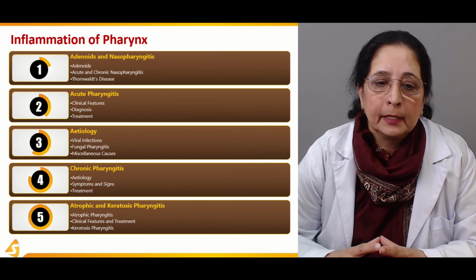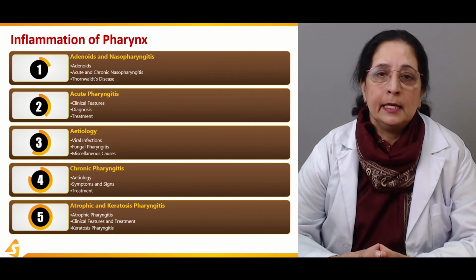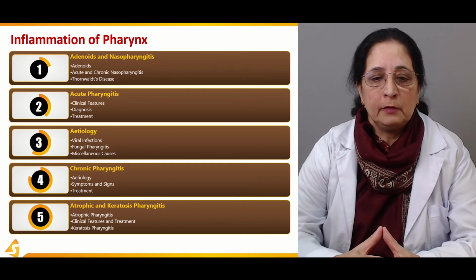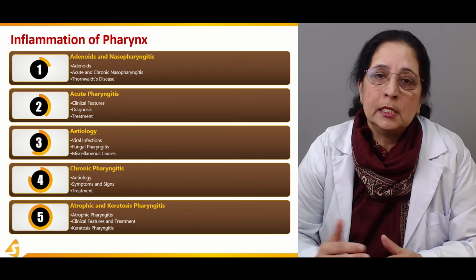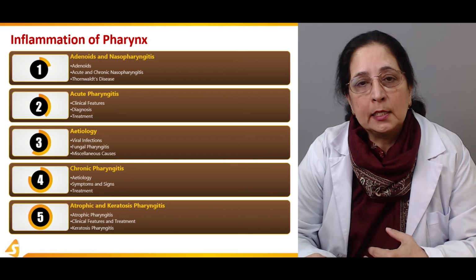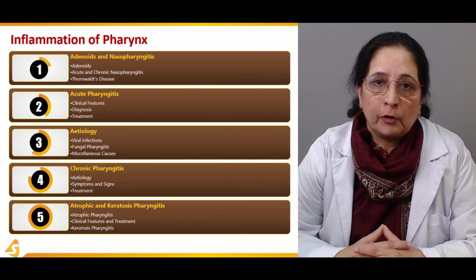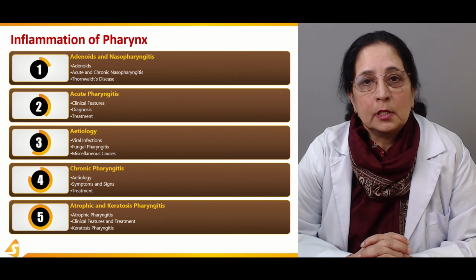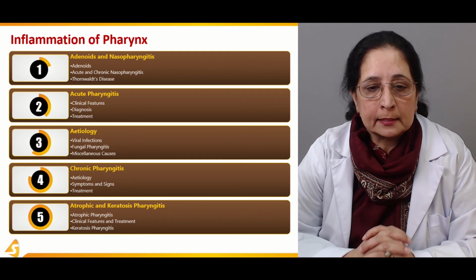And then in the fifth and final section, we will talk about the two other types of pharyngitis besides the acute and chronic types, which are atrophic and keratosis pharyngitis.